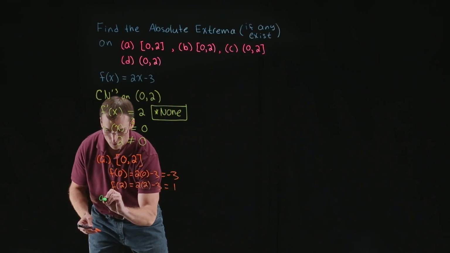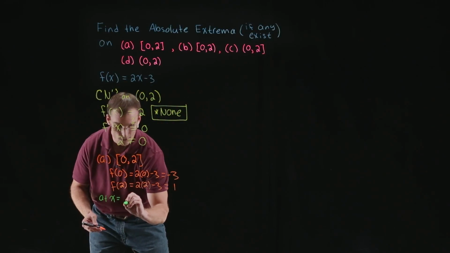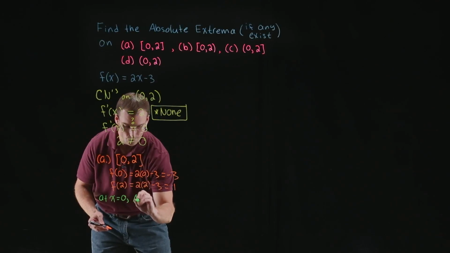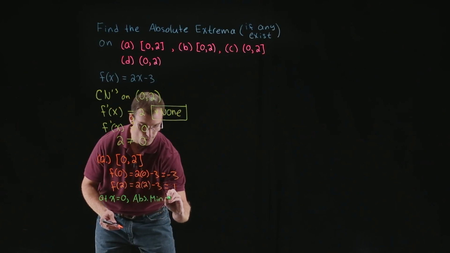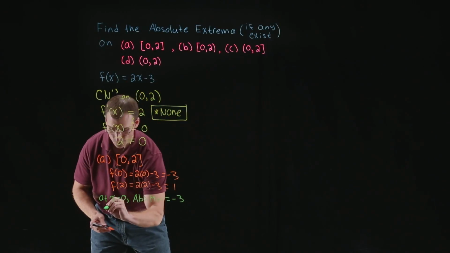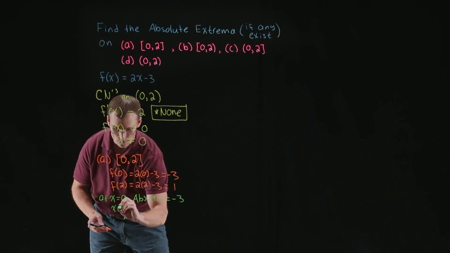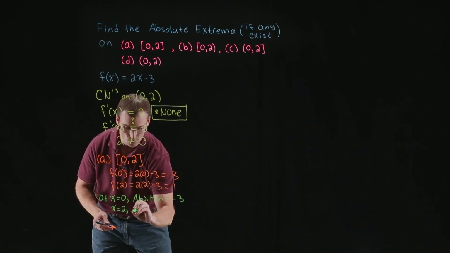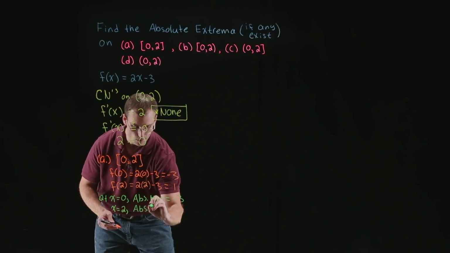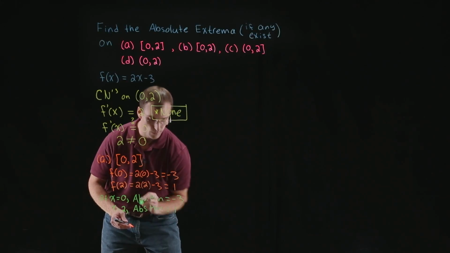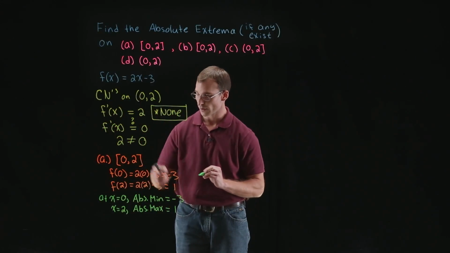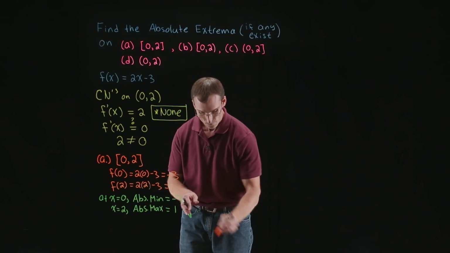So at x equals 0 we have an absolute minimum of negative 3, and at x equals 2 we have an absolute maximum of positive 1, over our closed interval from 0 to 2.